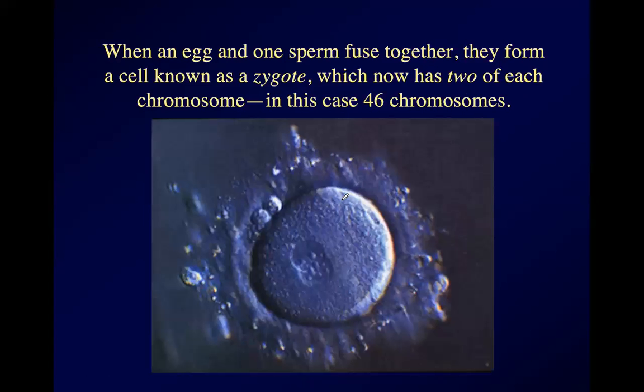So that's an egg cell just after fertilization. That's probably the egg nucleus right there. There's the sperm nucleus right there. They are joining and fusing and becoming one. And the fertilized egg is called a zygote.